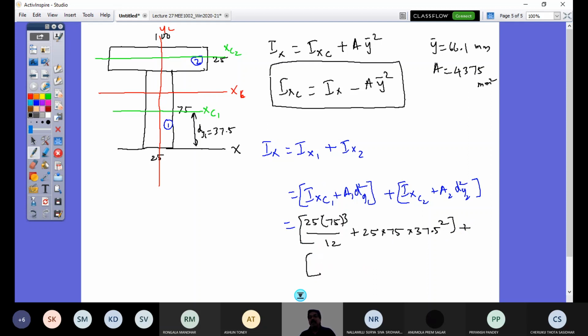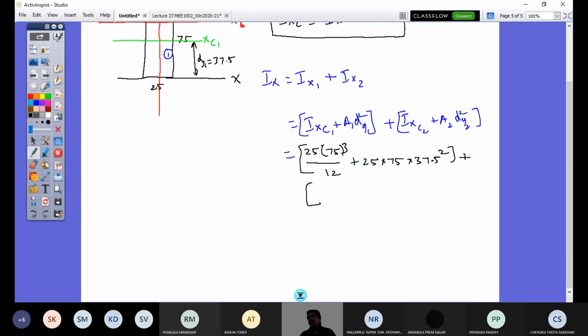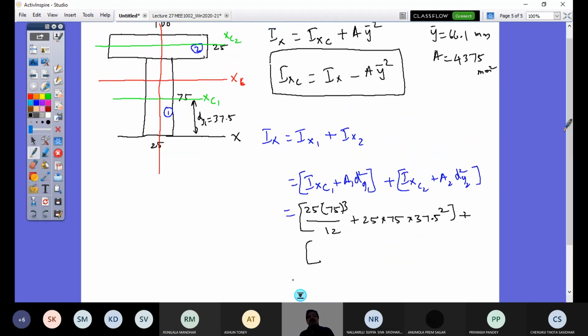Plus the second bracket Ixc2. So Ixc2, what is that? You look at it here, it is about this XC axis. So that would be base is 100, D is 25, cube by 12 plus 25 into 100 is area into, in place of this dy1, what is dy2? dy2 is from here again. This is dy2, the distance between the x-axis and the xc2 axis.